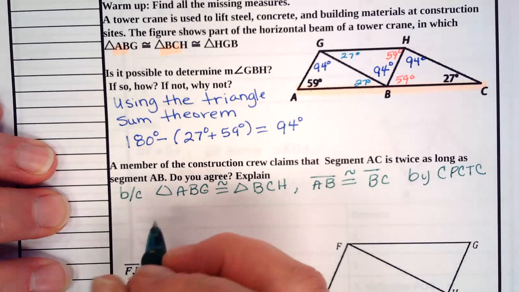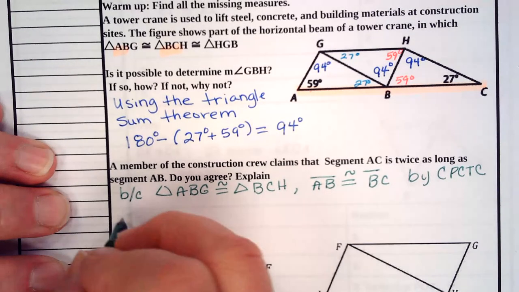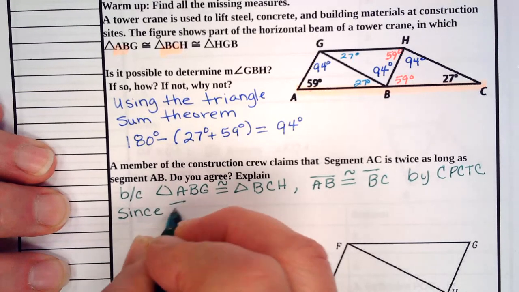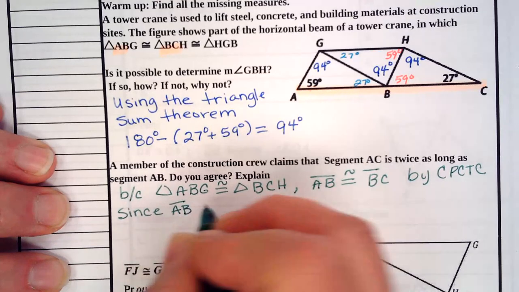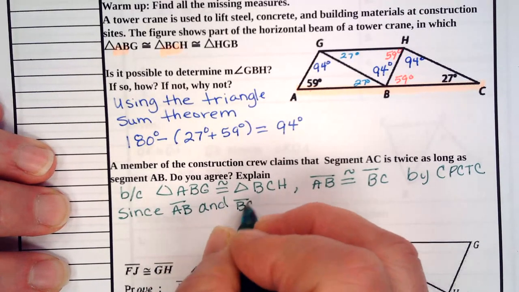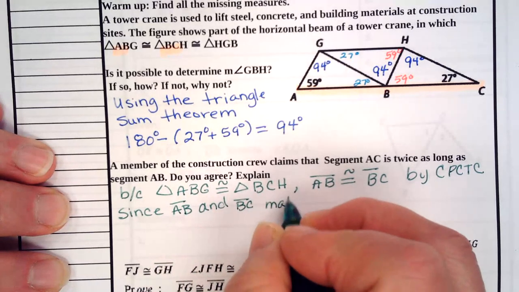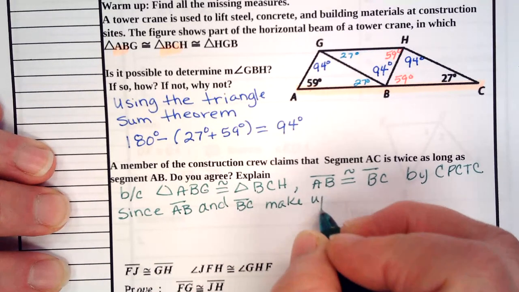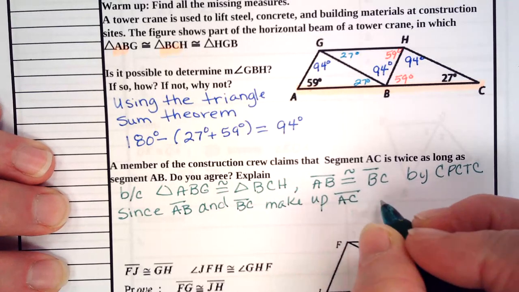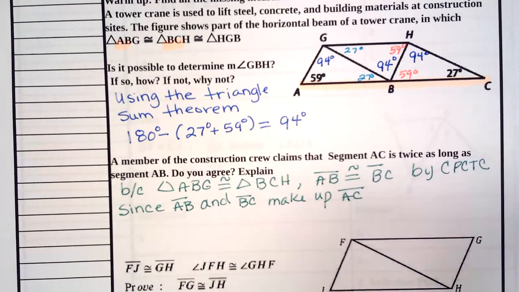Since the two segments make up segment AC, then segment AC must be twice as big.